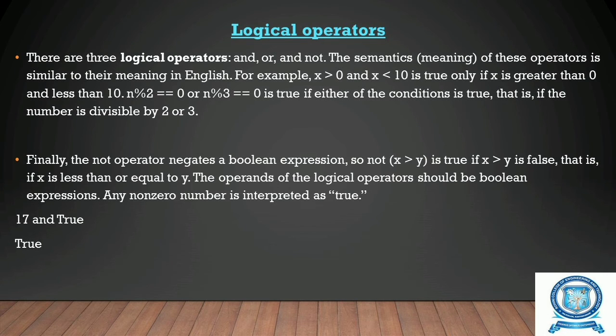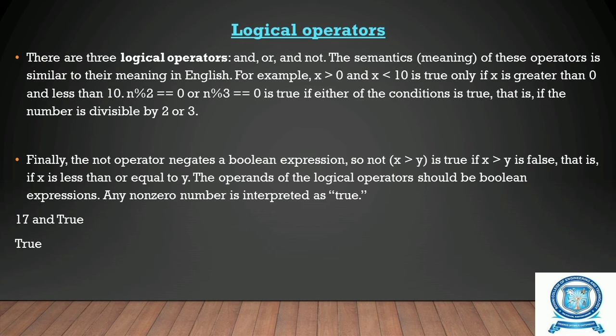Now let us see about logical operators. There are 3 logical operators: AND, OR and NOT. The semantics, that is the meaning of these operators, is similar to the meaning in English. For example, x greater than 0 and x less than 10 is true only if x is greater than 0 as well as less than 10.